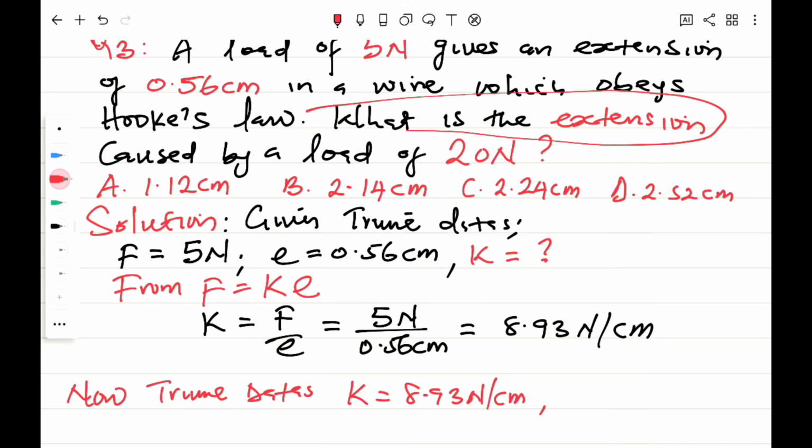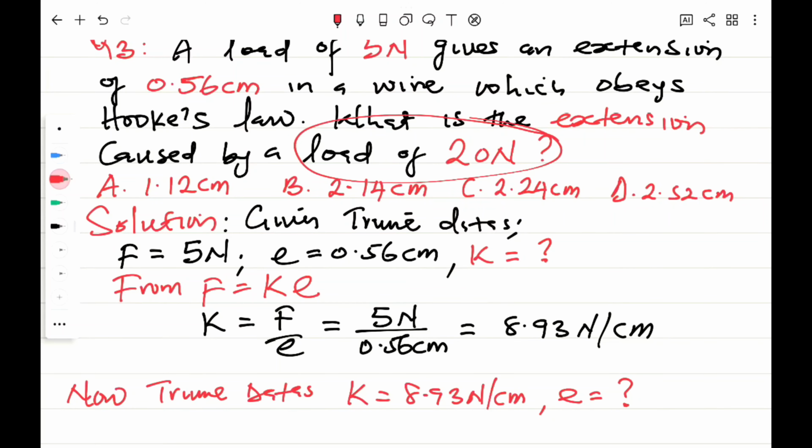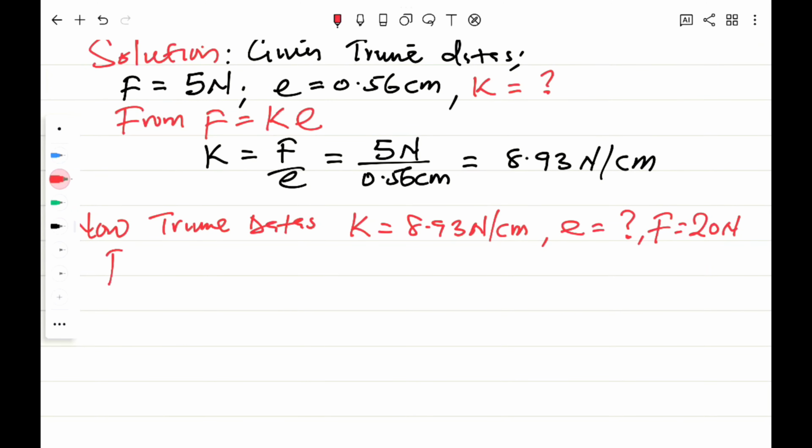Are you here? Then what again is given? What is the extension? So our E is unknown. Is that clear? Then a load of 20 Newton, so our F is equal to 20 Newton. So with this, we'll make E the subject of the formula from F is equal to KE.